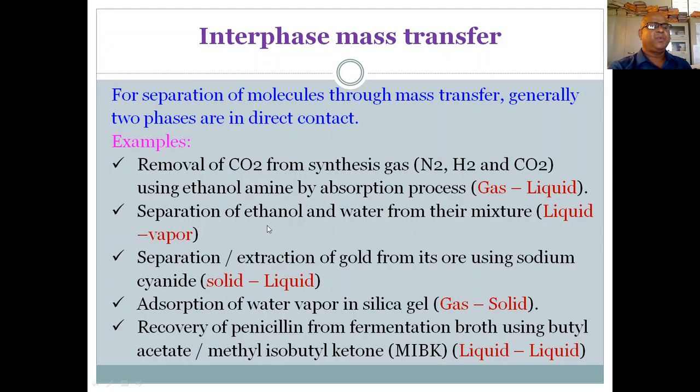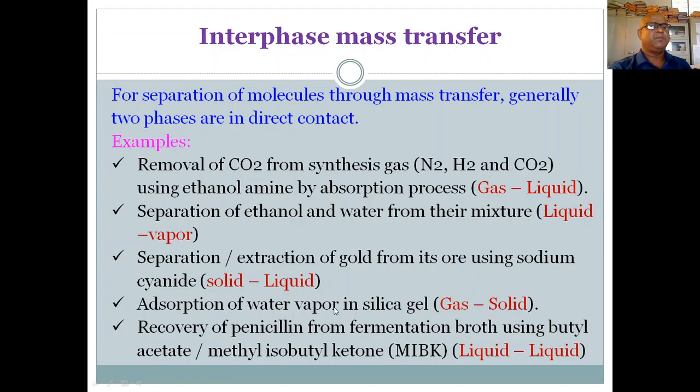Another example we have taken is the separation of ethanol and water from their mixture by distillation. Distillation means liquid-vapor, so there are also 2 phases. Then we took the example of extraction of gold using sodium cyanide, that is solid-liquid. 2 phases are involved.